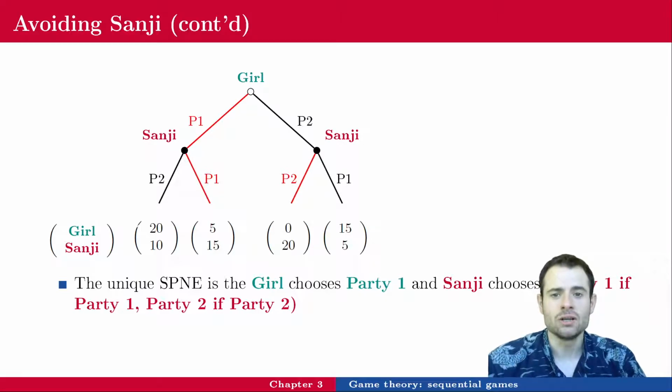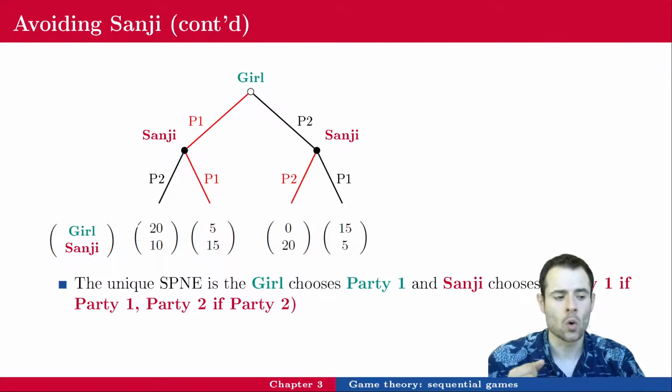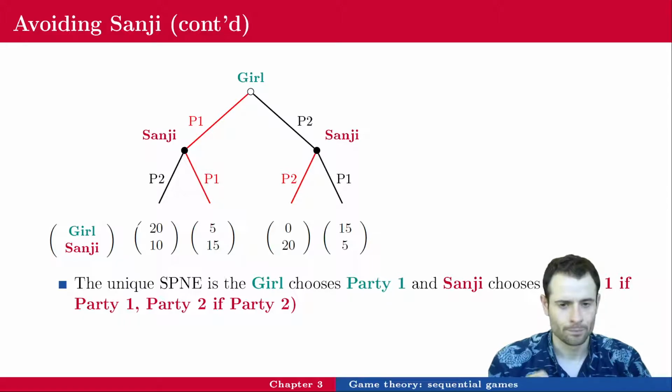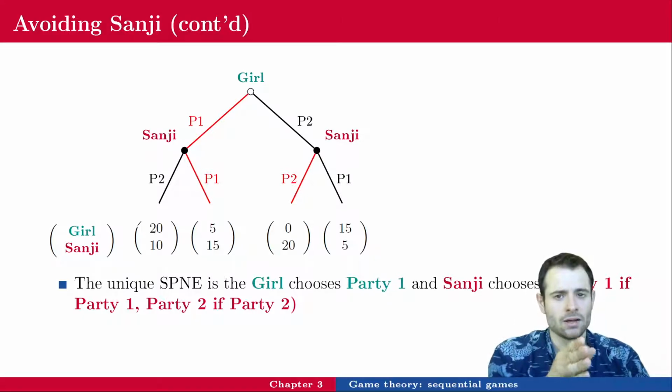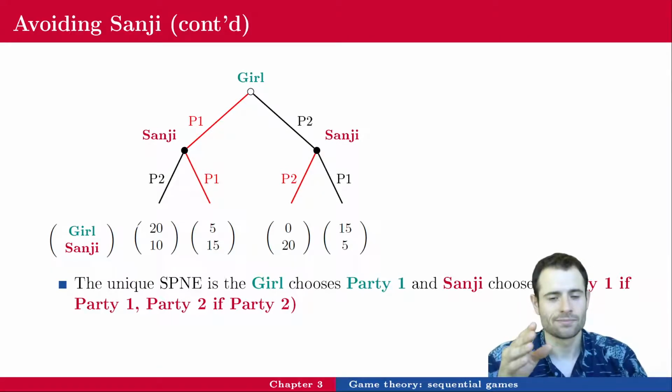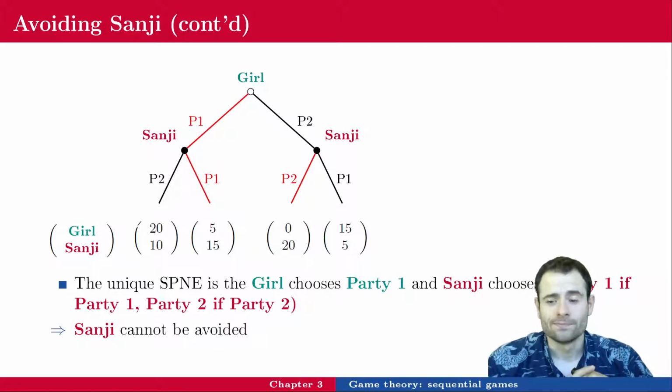But the strategy is not just to play party 1 for Sanji. The strategy is to go to whatever party the girl goes to. And since she goes to party 1, he ends up going to party 1 as well. Make sure you can make the distinction between what's going to be played and what are the strategies. The girl is stuck. Sanji cannot be avoided.